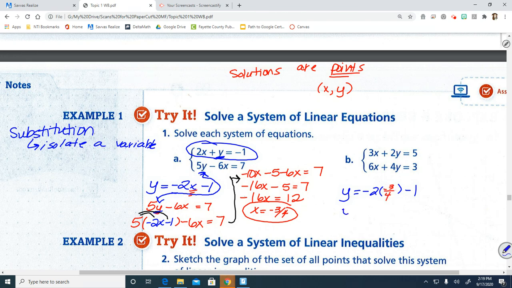So now I have y equals positive 6/4, which is 3/2, minus 1. And 3/2 minus 1 is 1/2.